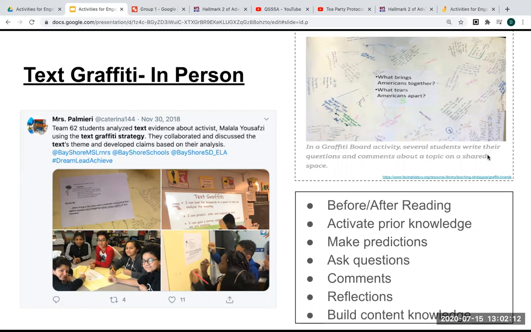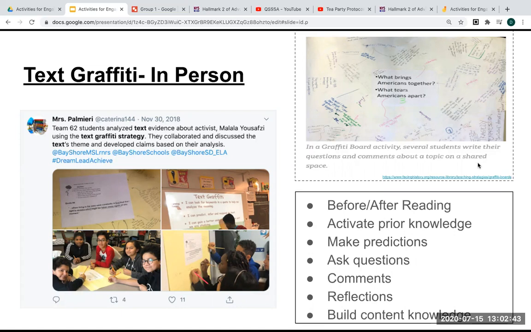What I've seen in my own experience is that every student is able to participate, because a student who maybe doesn't have the language to write what they're speaking in English can do so in their native language, and they can draw pictures. They can also see what their peers have written, and maybe the language their peers have written gives them a greater understanding of what's being discussed on the paper.